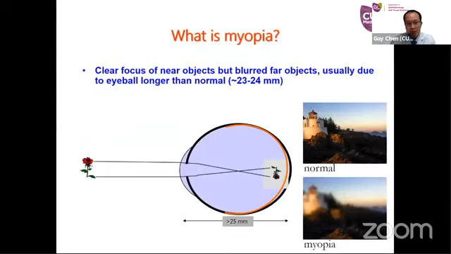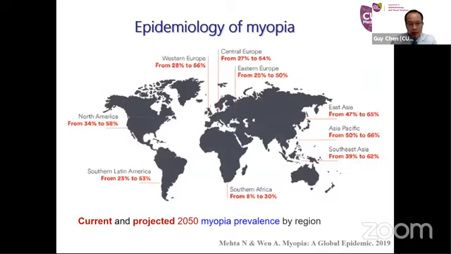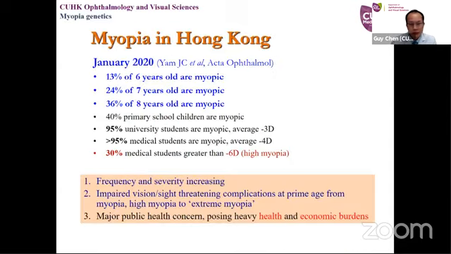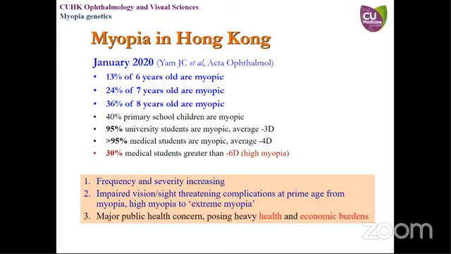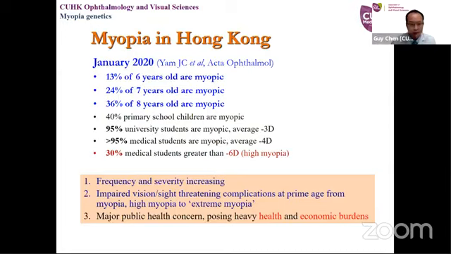As Pui mentioned just now, myopia usually results from the elongation of the eyeball, leading to blurred distant images. It is one of the most common eye disorders all over the world, especially in Asia. In Hong Kong, according to our latest study, myopia occurs in a large proportion of children, and over 90% of the university students are myopic, with 30% of them having high myopia.